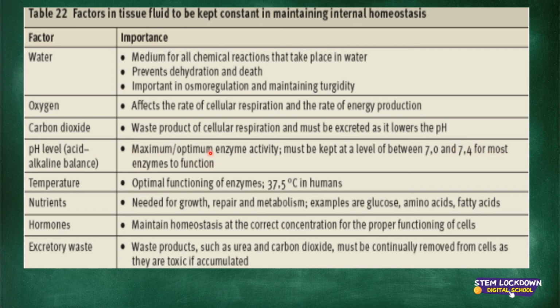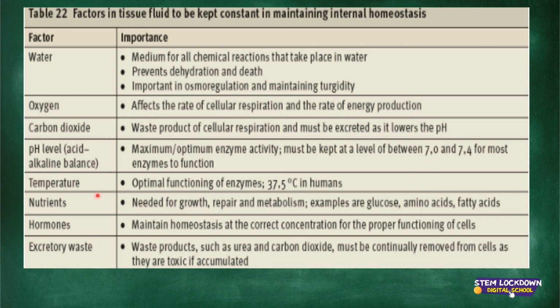That is why as soon as there's more carbon dioxide in the body, the pH will lower, meaning it becomes more acidic, lower than the optimum 7.0 to 7.4 for enzyme activity. That is why the body will react quickly to bring the blood back to its optimal conditions.